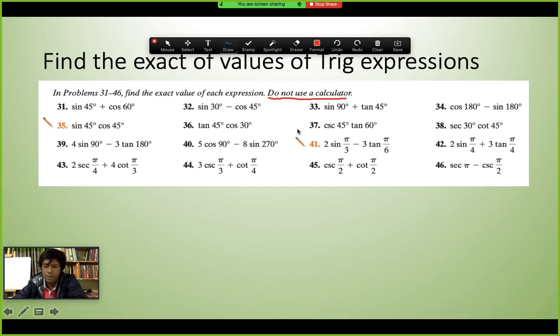You can tell some other maths during the class. So these are easy maths actually. So okay, from the first line, let me do one math. Number 32. Sine 30 degree minus cos 45 degree.